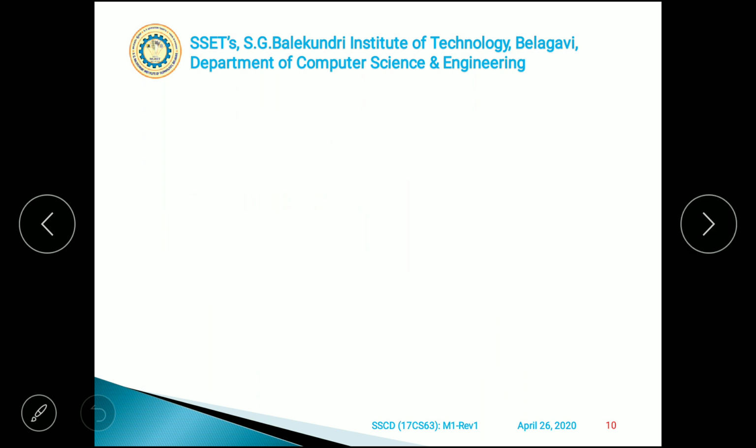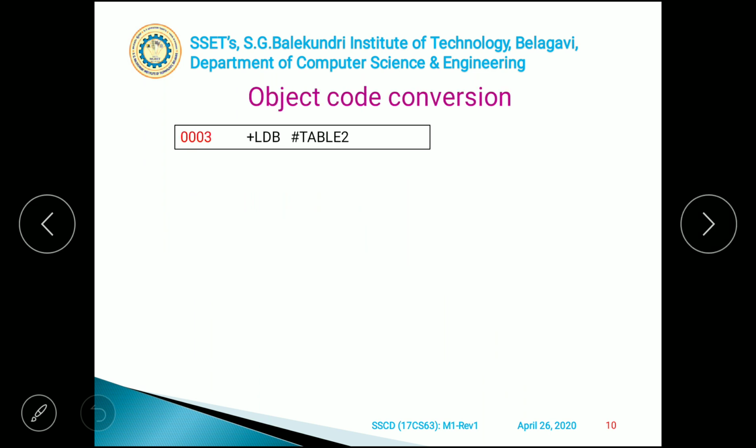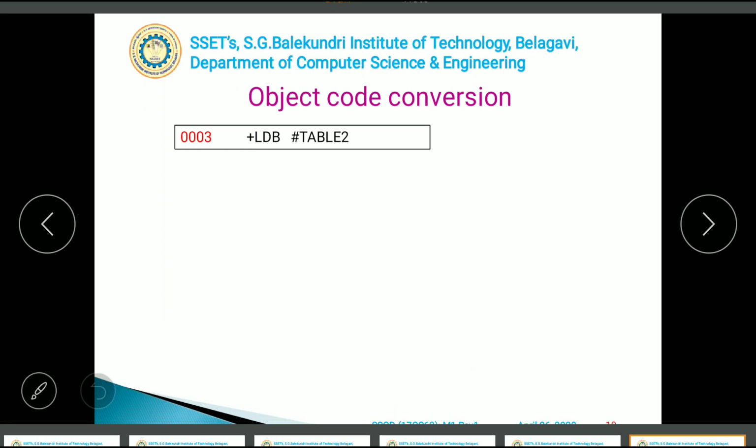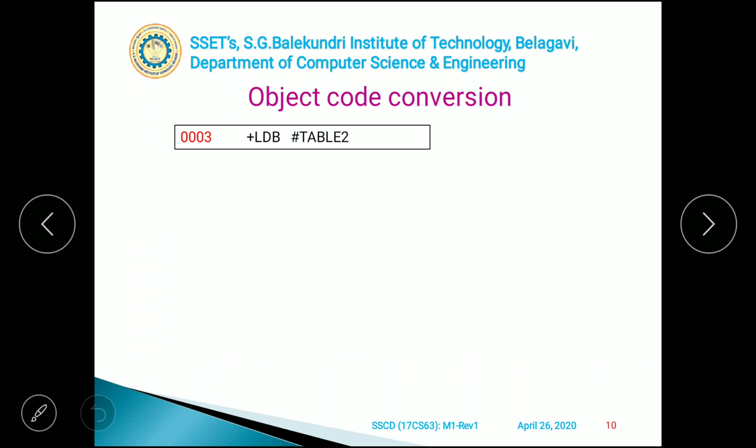Okay, let me take the next instruction. See, you need to understand this a little bit carefully here. The first thing is that here it is plus. You have to see this plus. That is the first thing. Second thing is that it is an immediate also, you can see it here.